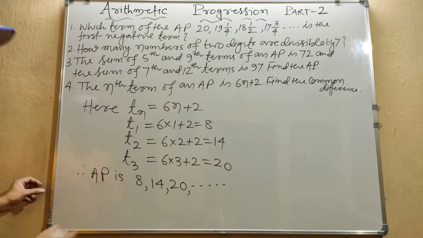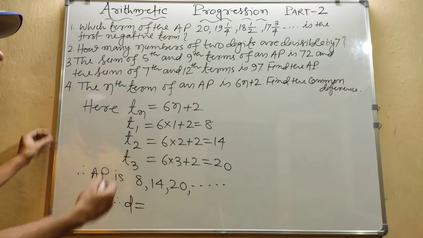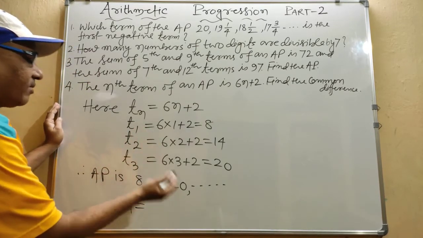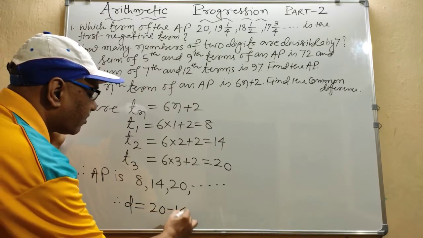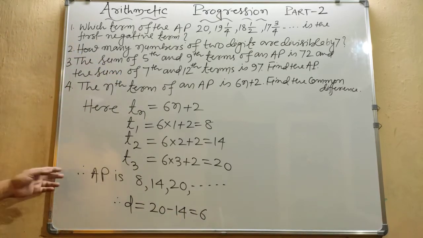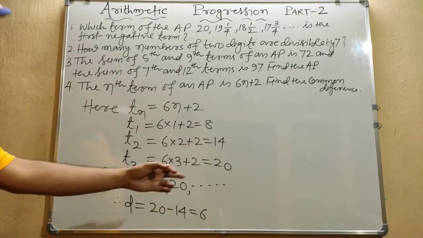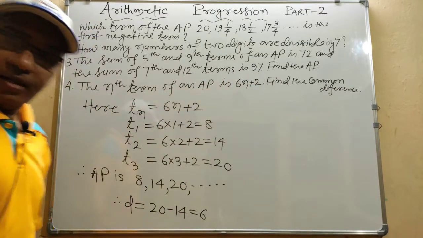So can you calculate now the common difference? Common difference D can be taken as the difference of any term and its previous term. Take any term, let us take this 20 and the one before it, 14, take the difference, 6, which is the common difference for this arithmetic progression. So if the nth term is this, the common difference is 6.